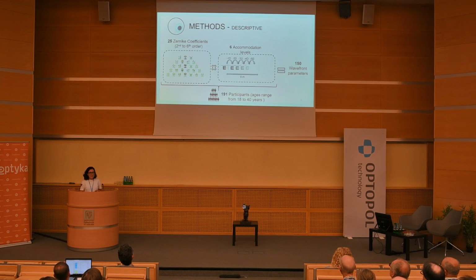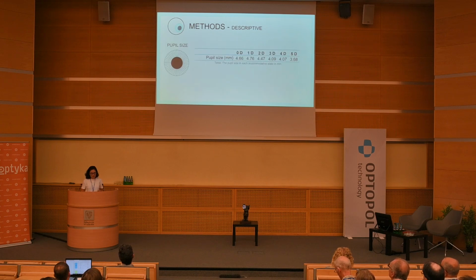So we decided to rescale this wavefront to different pupil diameters, because we have the near triad of accommodation, and we know that when we are accommodating, the pupil size of our eye is going to decrease.